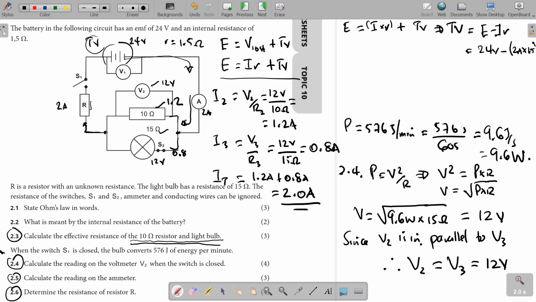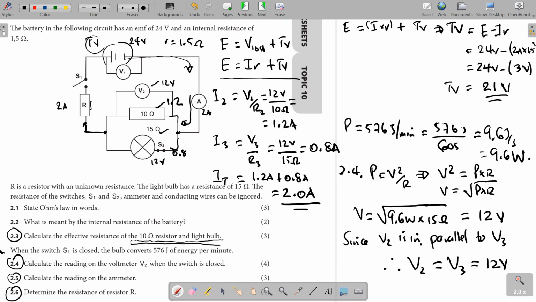That 1.5 is the internal resistance, so it's 24 volts minus 2 times 3 over 2, which gives you 3 volts. So from there it will be 21 volts. This is your terminal voltage, or the potential difference in the circuit when the switch is closed, when current begins to flow.